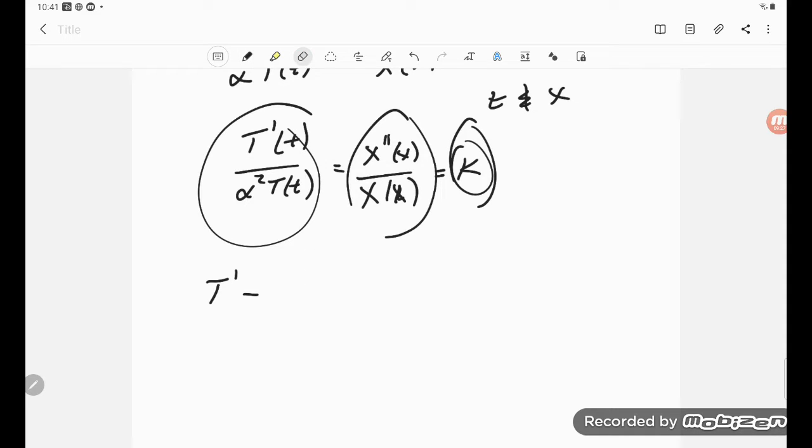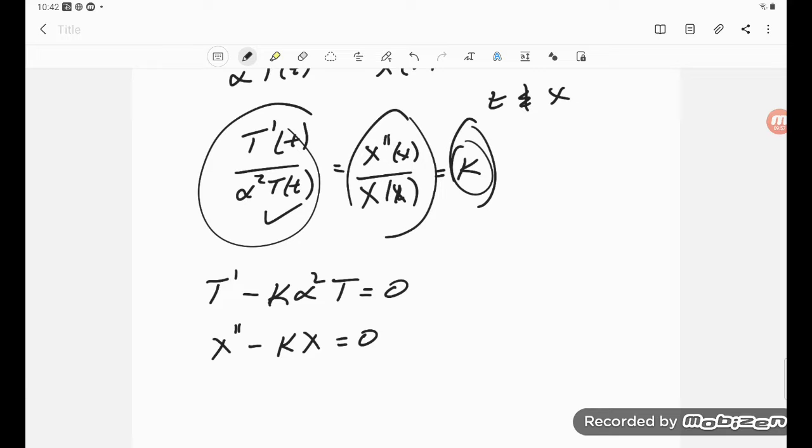They have a k first. So T prime minus k alpha squared T equals 0. So we get that from this one. And then similarly, we would have X double prime minus kX is equal to 0.